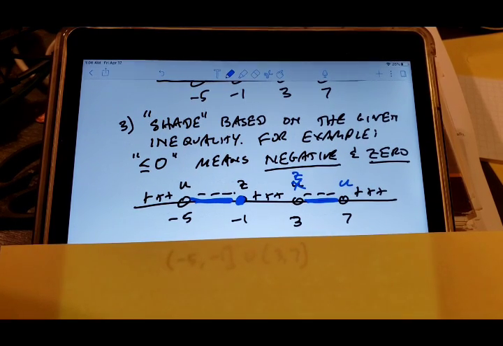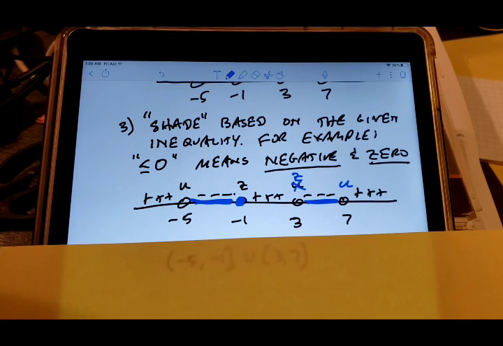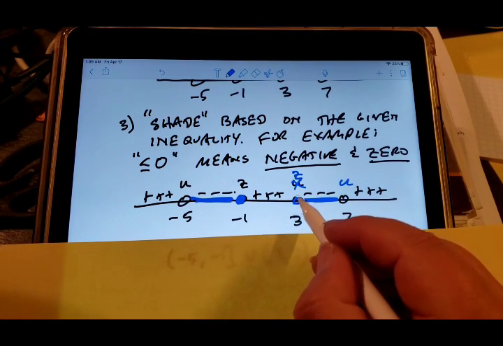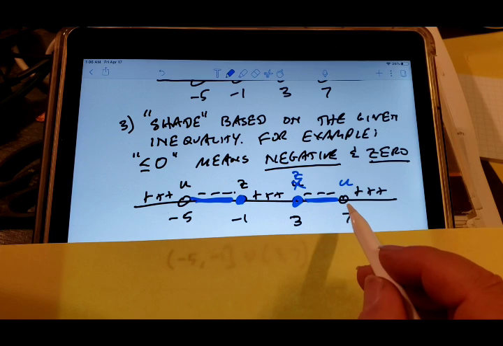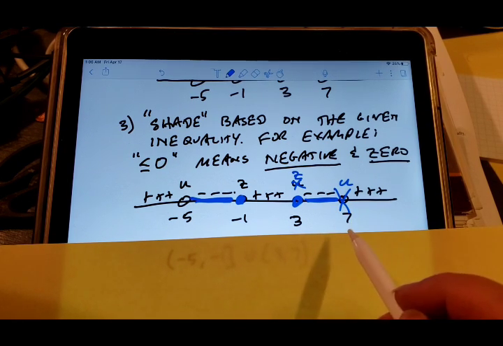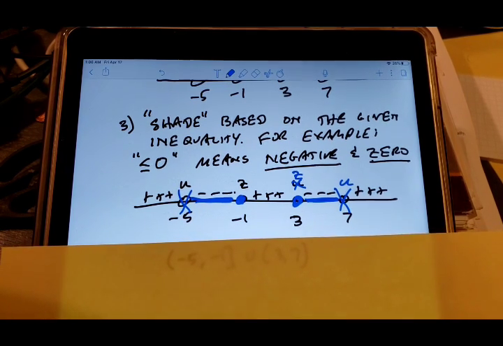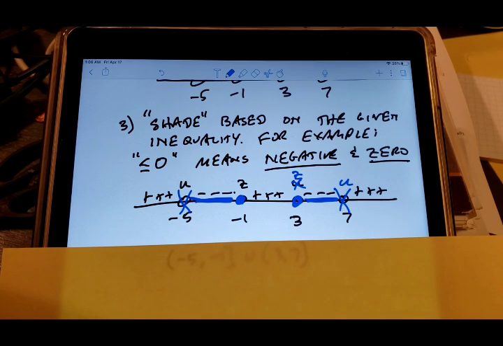You just copied it wrong. Why is that important? Well, I want to shade the zeros, so I want to shade this. I definitely do not want to shade where it's undefined. I normally don't cross these out, but I'm just trying to emphasize, don't shade those. All right, so I have the answer, almost.